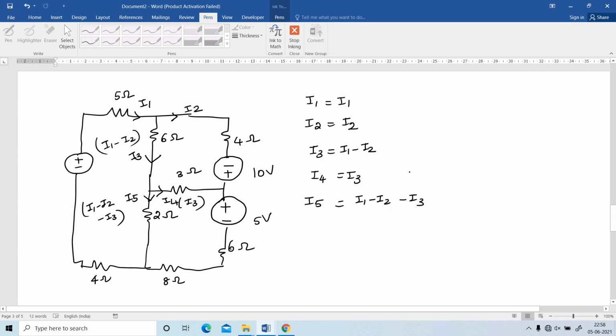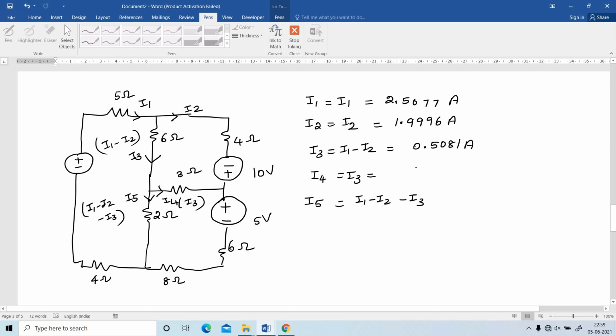Okay, what is the current I1? I1 equal to 2.5077 ampere. Then I2 is 1.996 ampere. I1 minus I2 is 0.5081 ampere.